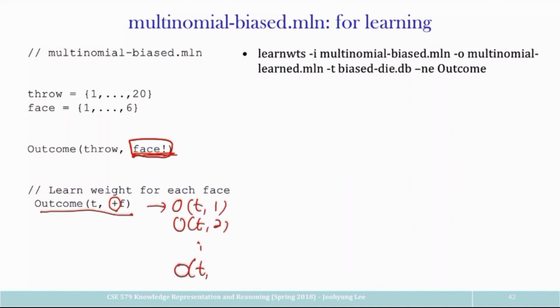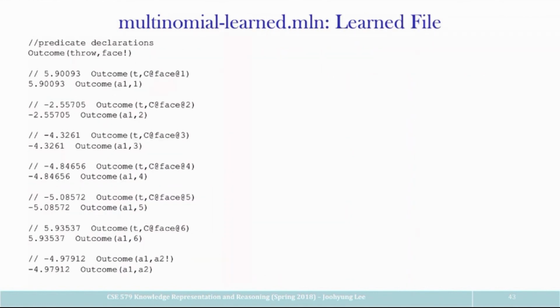Then learning will be done here, to learn the weight of this. This notation is handy when you have a lot of instances, so you don't want to enumerate all those predicates. So if you do that, this is the final outcome that you learned.